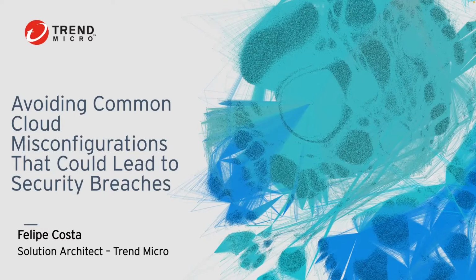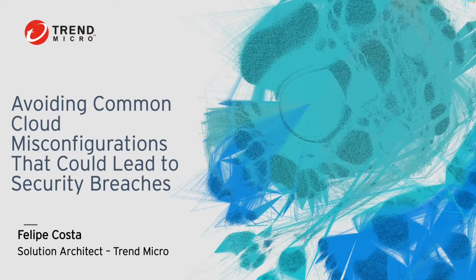Today we're going to talk about misconfigurations. Misconfigurations are essentially mistakes that you make when you're building resources inside of your cloud environment.